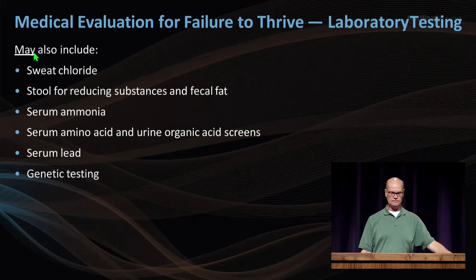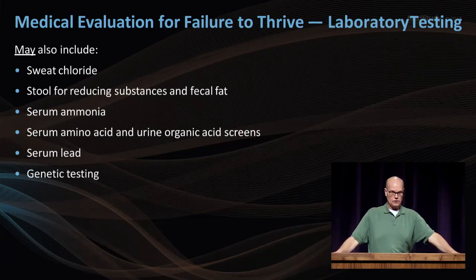Again, perhaps if there's a history of foul-smelling stools and poor weight gain, sweat chloride, stool for reducing substances, serum ammonia, if there's concern about underlying metabolic disorders, serum lead, we'll talk about genetic testing.